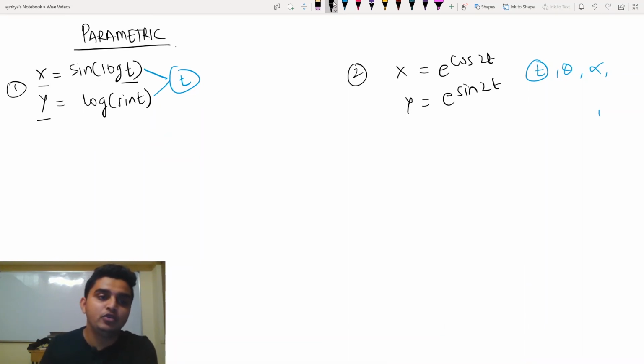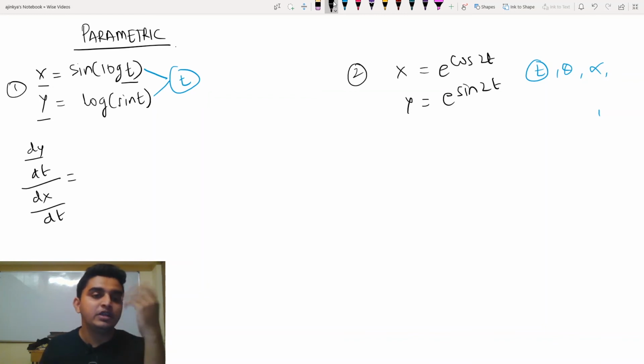So you know that you have dy upon dt divided by dx upon dt as your final answer, right? So we'll directly get dy upon dt, which is going to be the product rule, it is going to be the chain rule. In case of the chain rule, you know that first you have to differentiate log and then you have to differentiate sine.